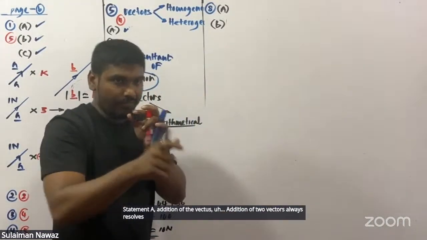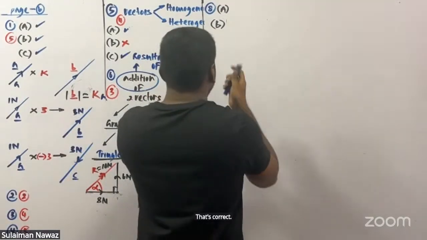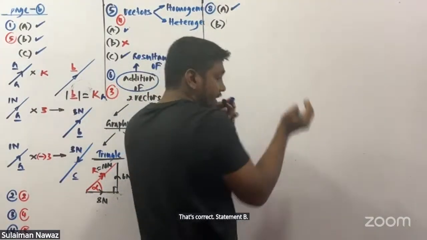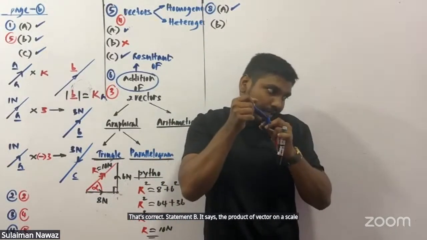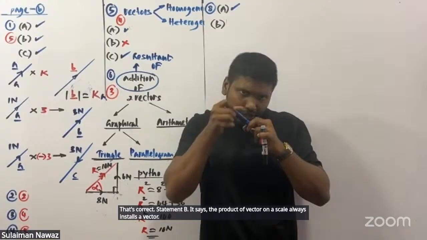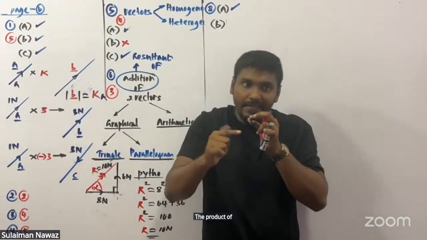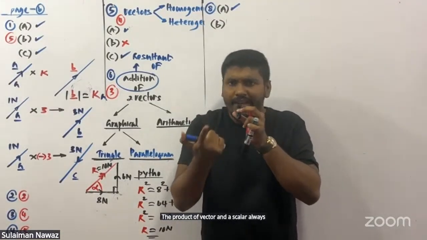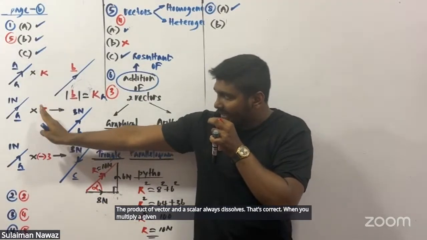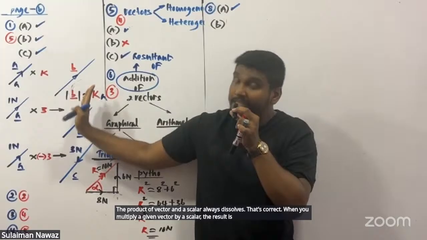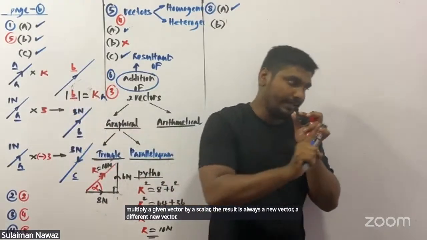That's correct. Statement B says the product of a vector and a scalar always results in a vector. That's correct. When you multiply a given vector by a scalar, the result is always a new vector. Therefore, statement B is also correct.